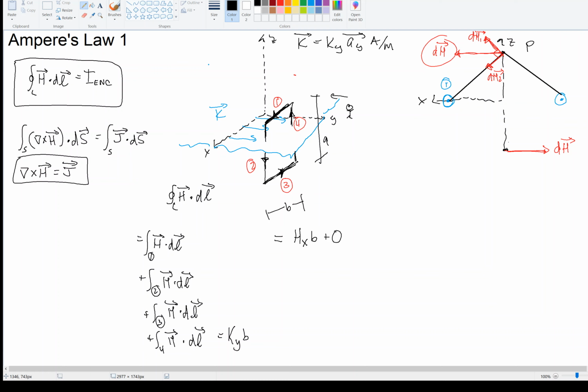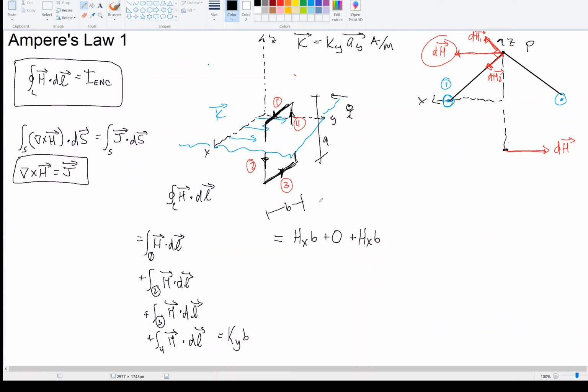Now when we go through segment 3, we're going again with the field. So there are really two negatives here. But we're going with the field, so this again makes Hx times B. Segment 3 has a width of B, L is B, and then H is Hx.